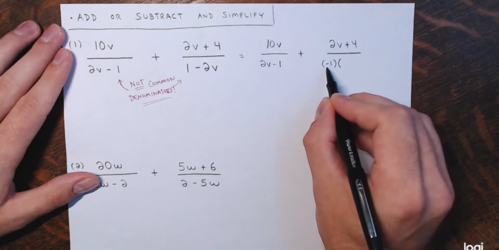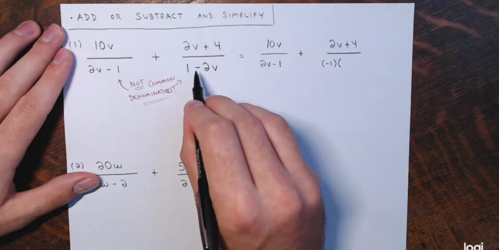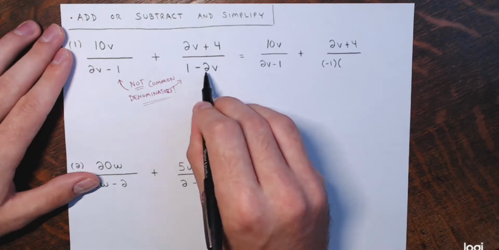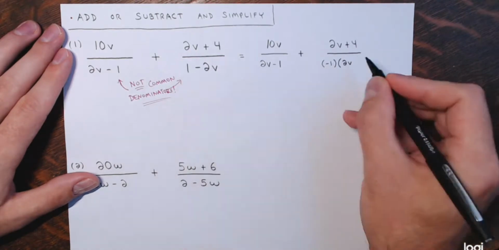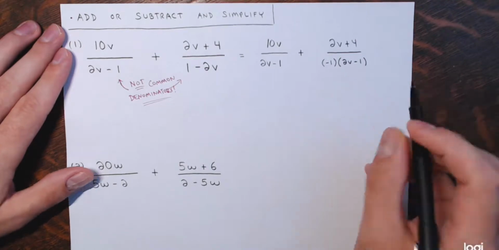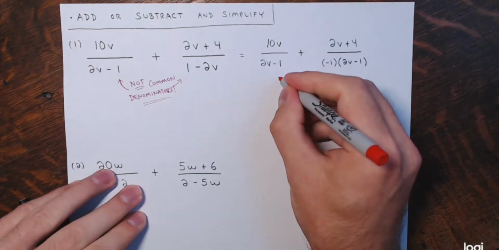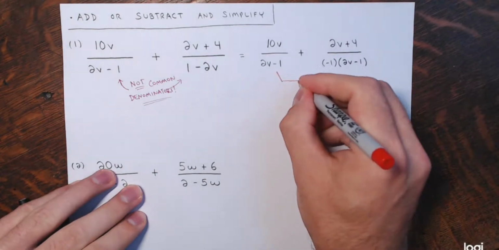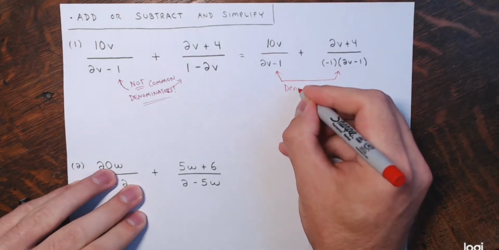It's the opposite of. And if I factor negative 1 out of this expression in the denominator of the second fraction, I'll have positive 2v minus 1. So hopefully you can see now that the denominators are opposites.